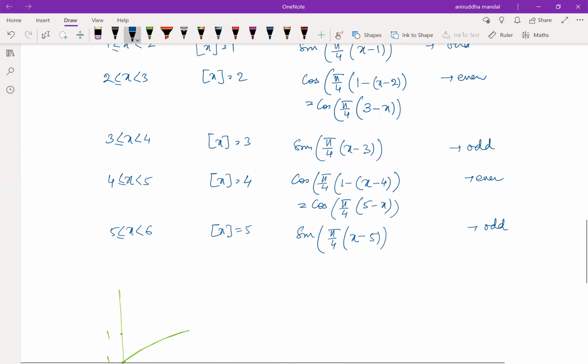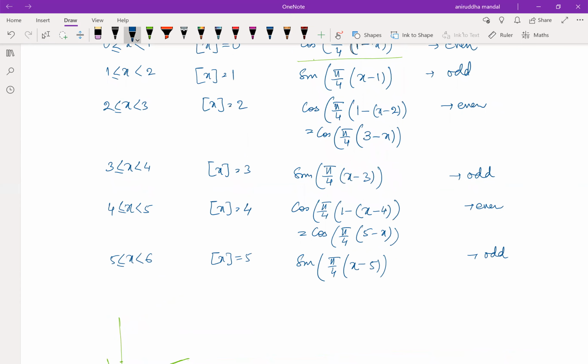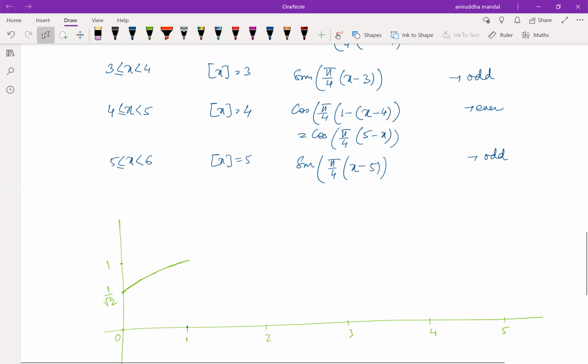Then if we put x as 2, so we have 2 minus 1 means sine pi by 4. So sine pi by 4 means 1 by root 2. So this is sine pi by 4. Okay. It will increase.